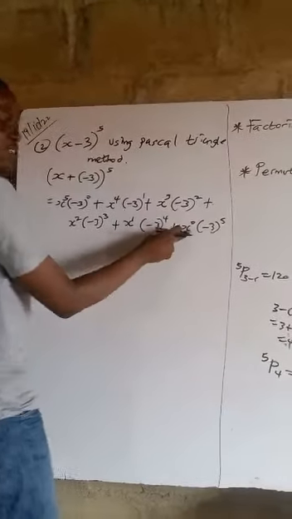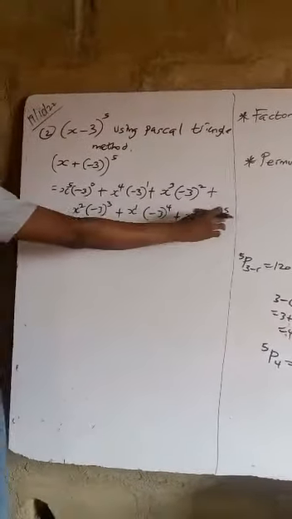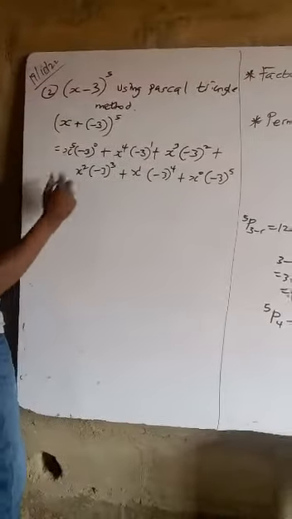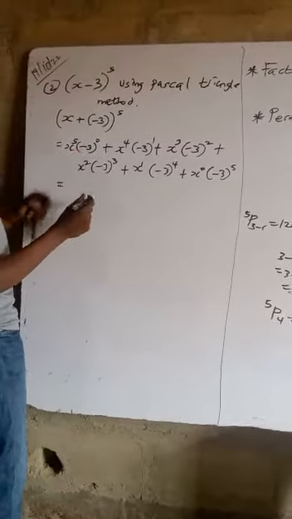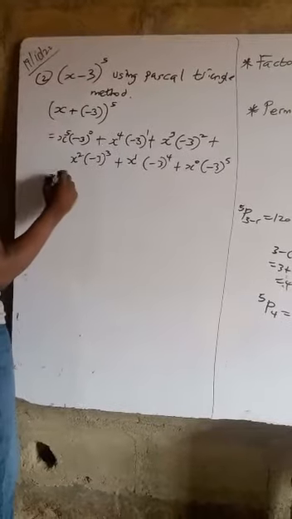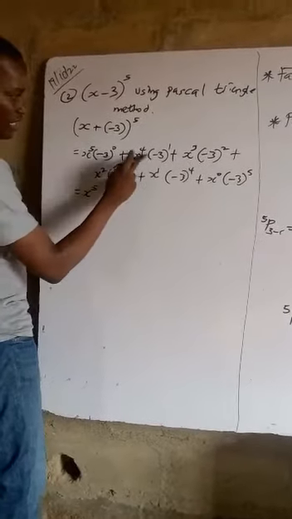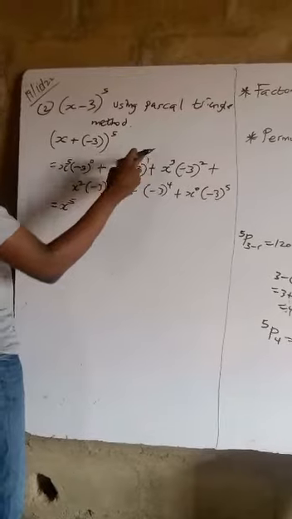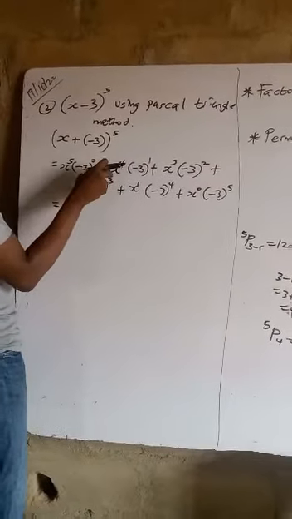You see that x has reduced to power of 0 and this one has increased to power of 5. So you will get minus 3 raised to power 0 is 1. 1 times this is x raised to power 5. Then minus 3 raised to power 1 is minus 3. Minus 3 times x raised to power 4.